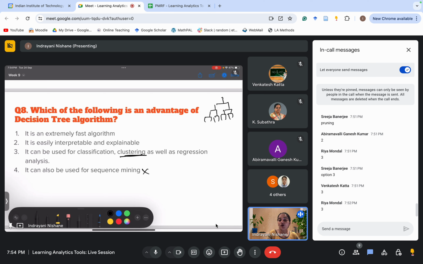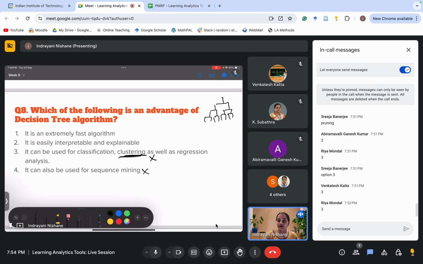But here we are not considering the relative placement of our data points. Here we are considering what conditions those data points satisfy. That's why you shouldn't get confused. Even though the way of implementation is simple, this is not clustering. So that's why option 3 is not correct.